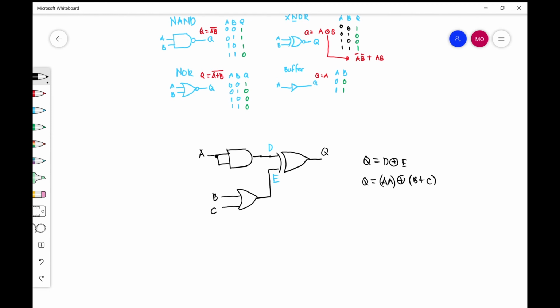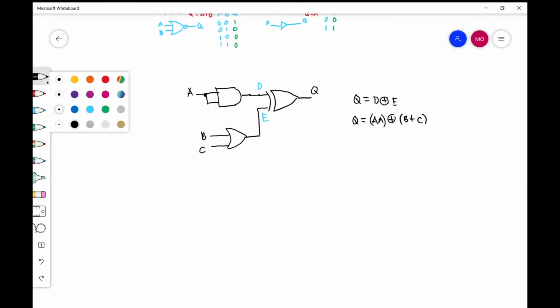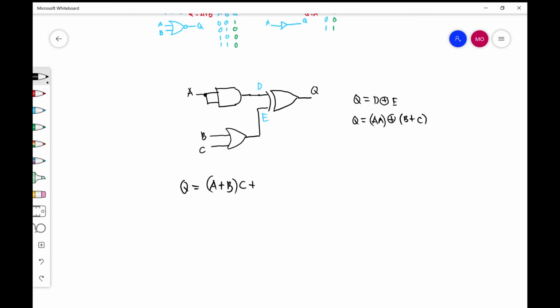Okay. Sometimes the equation is given and you are asked to draw the figure. Example of which is this one. Let me write it here. Okay. If you're given problems like this, start with the grouping symbols. So we have A and B here.